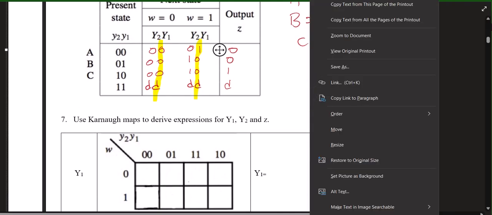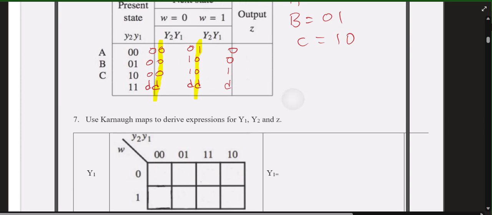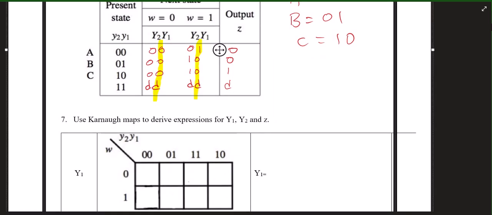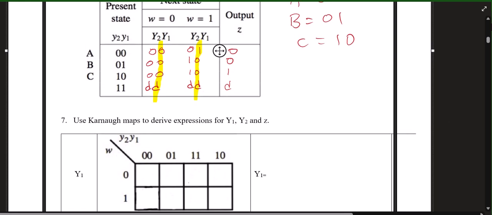So for W equal to 0, here's where W equals 0, right there. I have a don't care at 1,1, and the rest of these are zeros. When W equals 1, I have a don't care at 1,1.